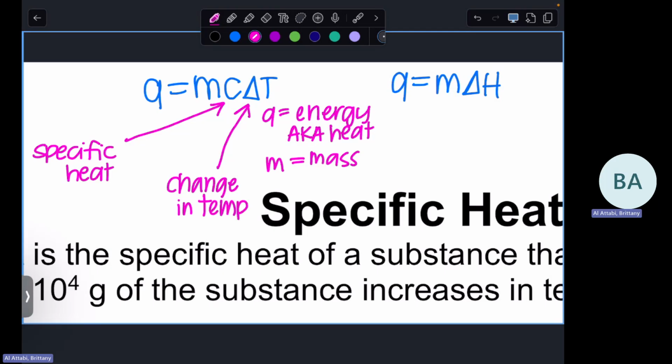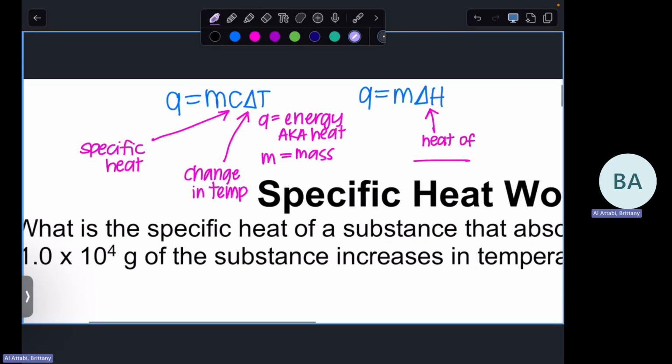And then over here, the only different letter is my delta H. It's not change. It's part of the H. I don't know, man, I didn't make the rules. What does that mean? It does involve the word heat, but not heat change. Heat of something. You have two options for this.